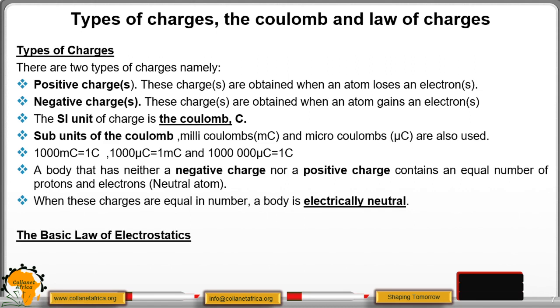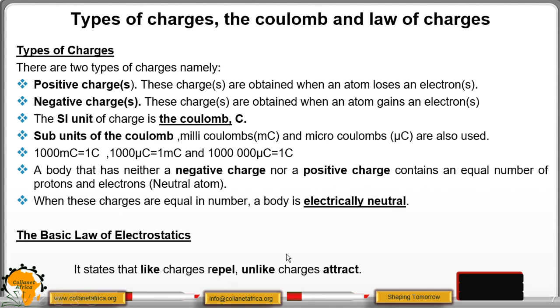We move to the basic law of electrostatics, and here we are supposed to have an experiment where you bring a positively charged body closer to another positively charged body. When you have those two, their charges are similar. You will find that they are going to repel.